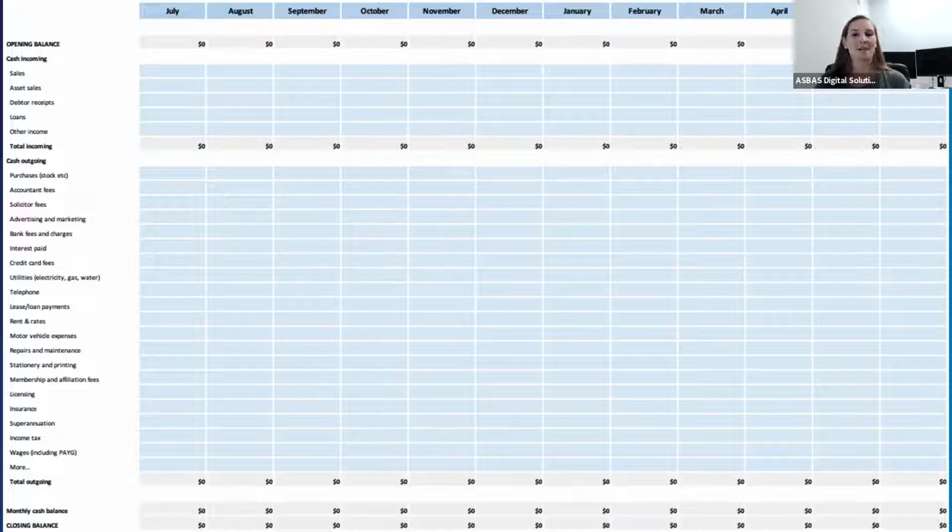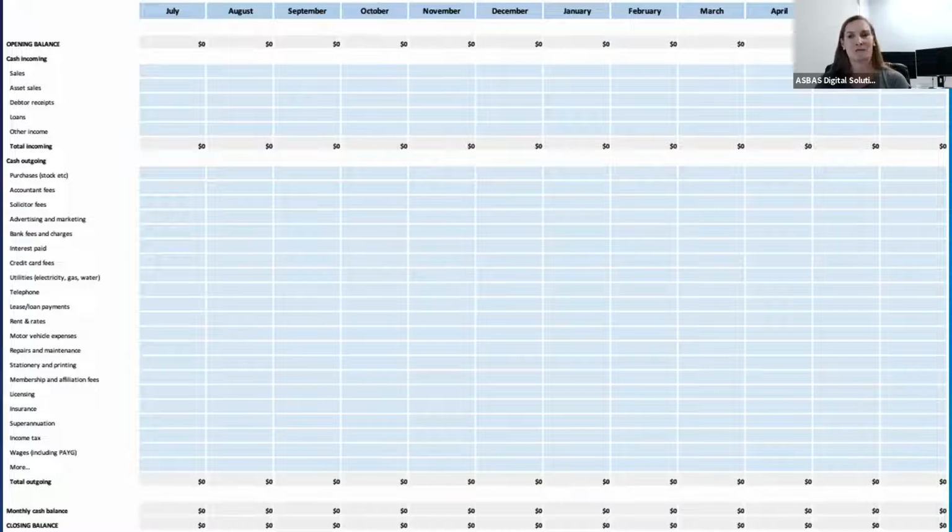You've got asset sales. So do you plan on moving any assets in particular? And if yes, what time will you sell them and how much will you sell them for? There could be debtor receipts, there could be loans that are being repaid, or there could be other incomes such as director contributions, investors, that kind of thing. So plug in all of the incoming cash in there.